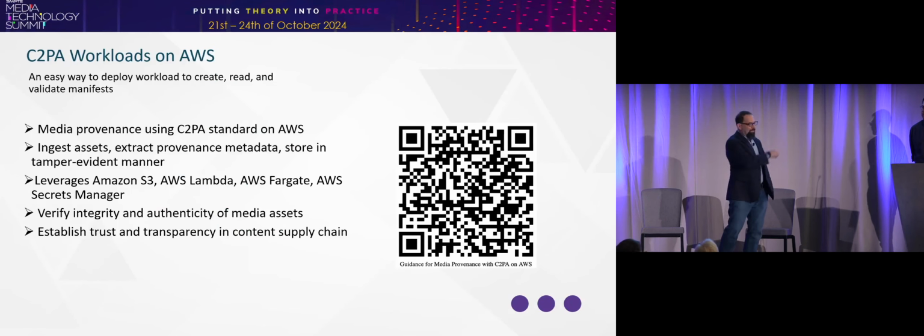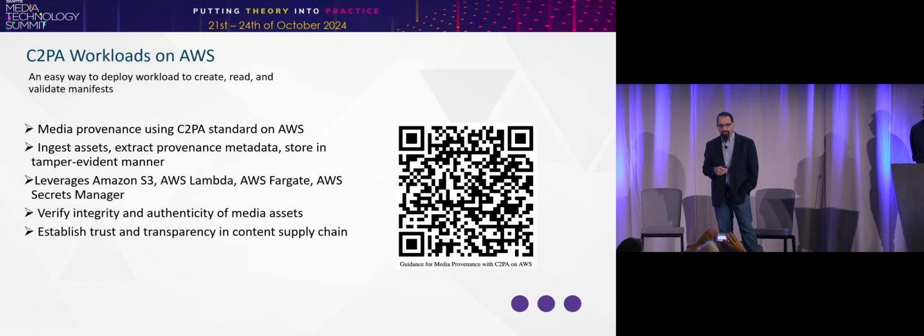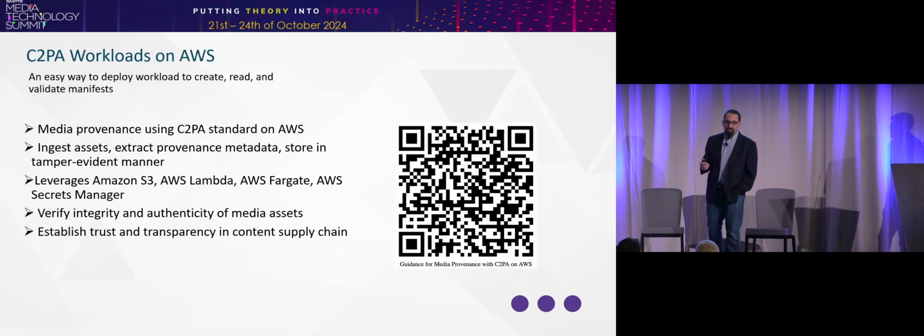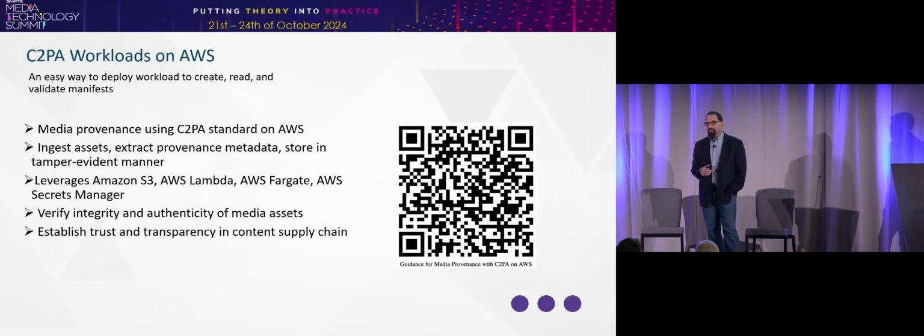So there's the QR code. This is guidance for media provenance with C2PA on AWS. This is an open source project that Patrick and team have developed, released, and maintain. We listened to Sinclair. We built this solution to meet their needs and to easily integrate into their supply chain.